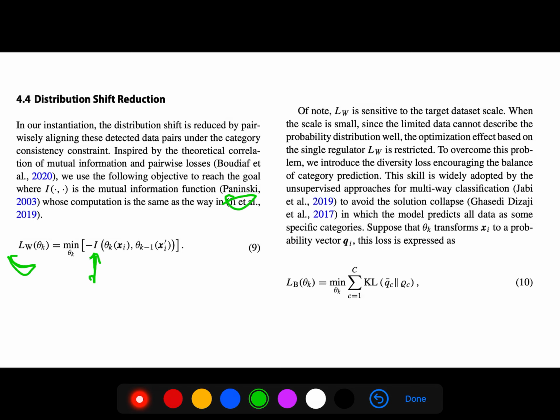When the scale is small, since the limited data cannot describe the probability distribution well, the optimization effect based on a single regulator is restricted. To overcome this, we introduce the diversity loss, encouraging the balance of category prediction. This is widely adopted by unsupervised approaches for multi-way classification to avoid solution collapse, where the model predicts all data as some specific categories.